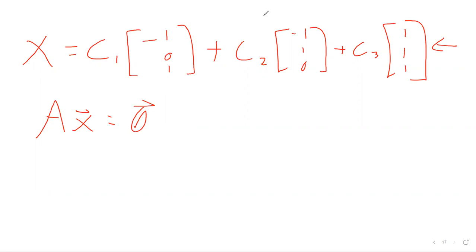So that's it for our eigenvalues, eigenvectors. Last little bit of terminology is something called normalized.